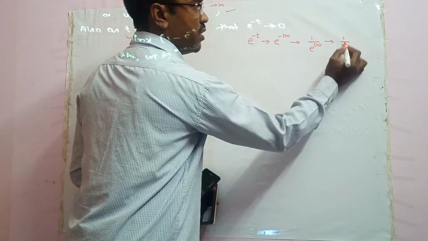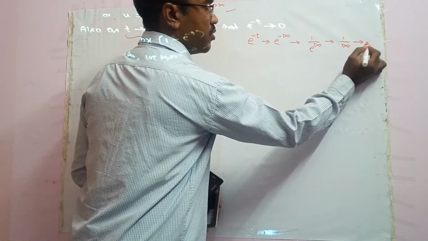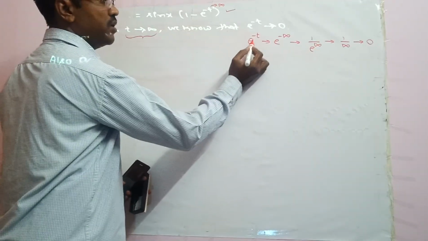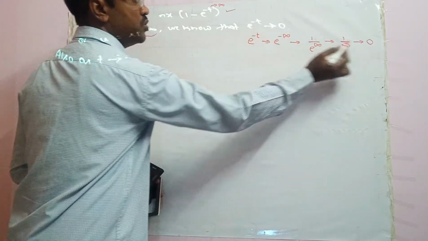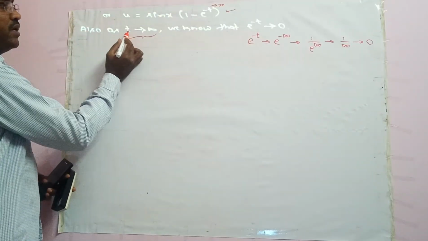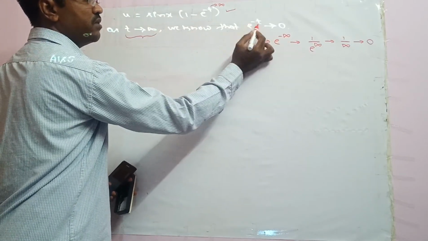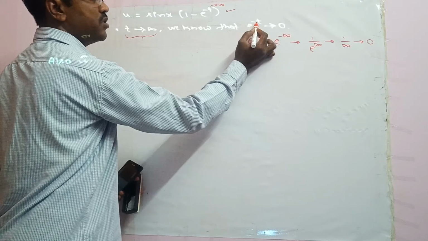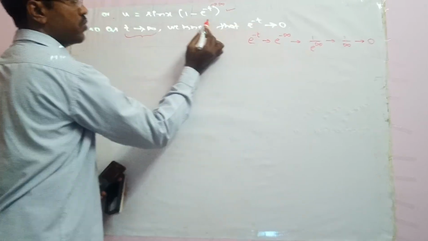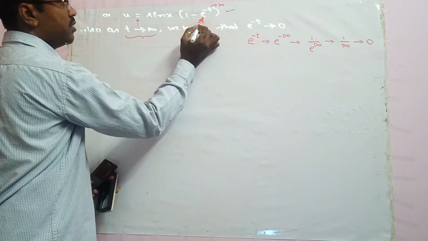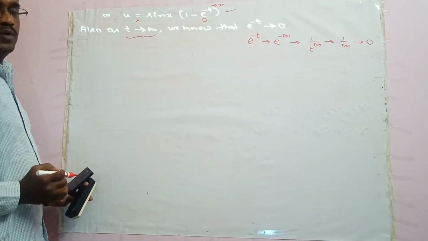Now 1 divided by e to the power infinity is 1 by infinity. What do you mean by 1 by infinity? 1 by infinity is tending to 0 always. So that's why we have written e to the power minus t tends to 0 when t is tending to infinity. So when you take this in this equation, this becomes 0.